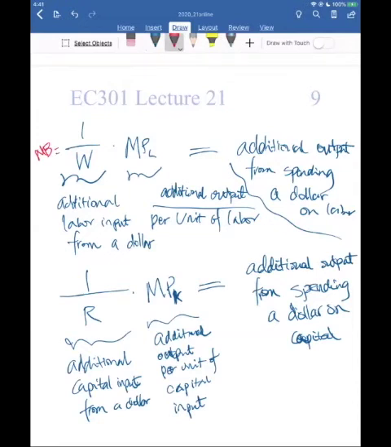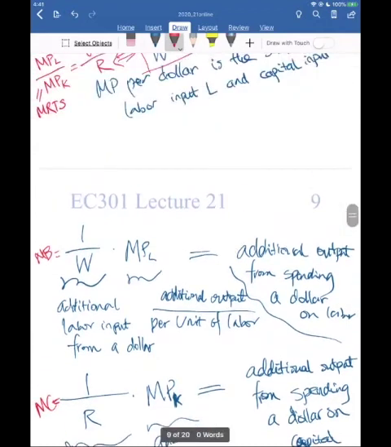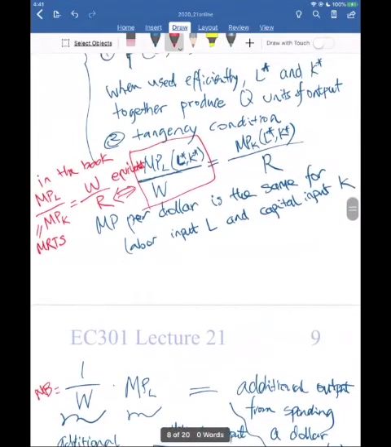On the other hand, because you're not spending that dollar on capital, that's your marginal cost of the dollar. So when you're choosing your money optimally by minimizing the cost, it must be the case that marginal benefit equals the marginal cost. And that's the explanation for our equation here.